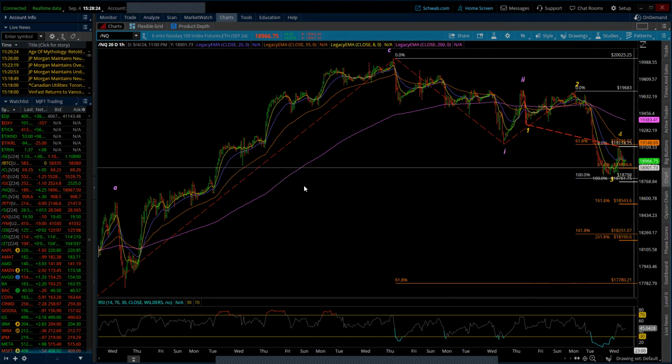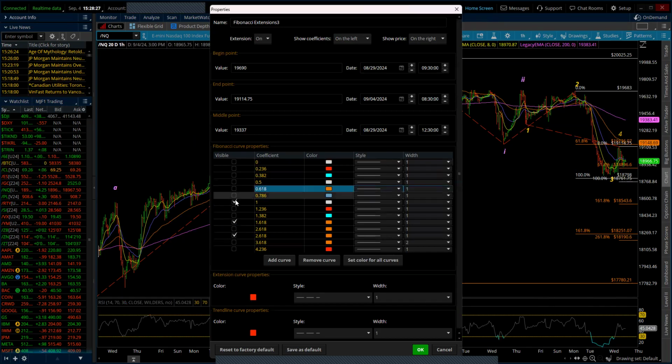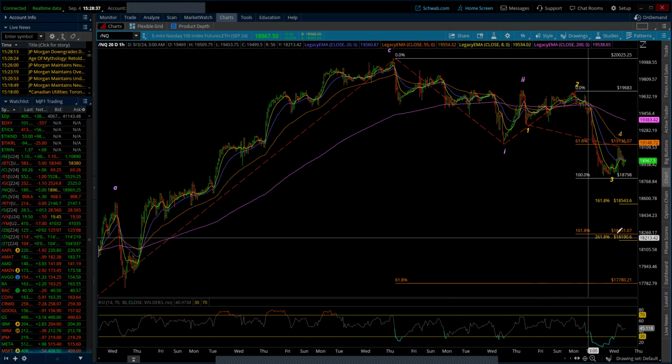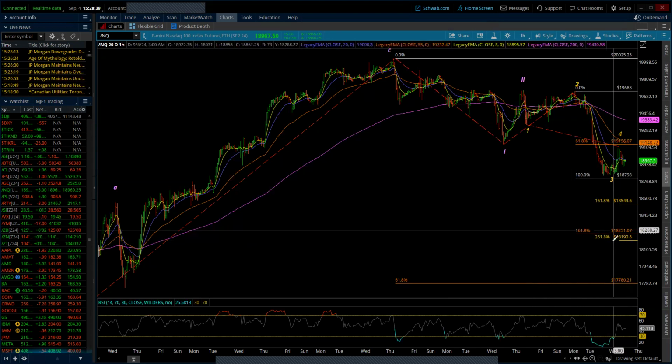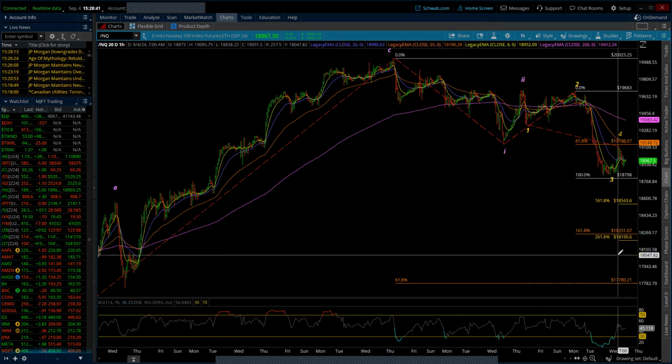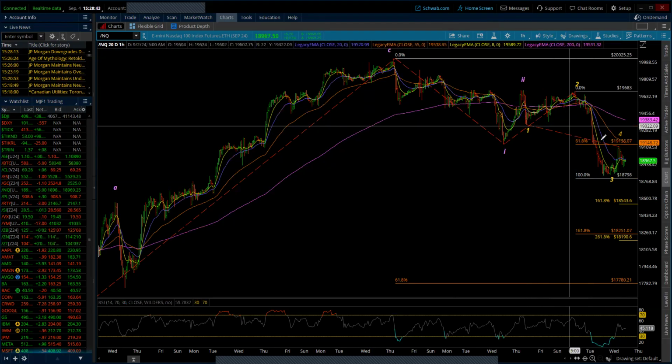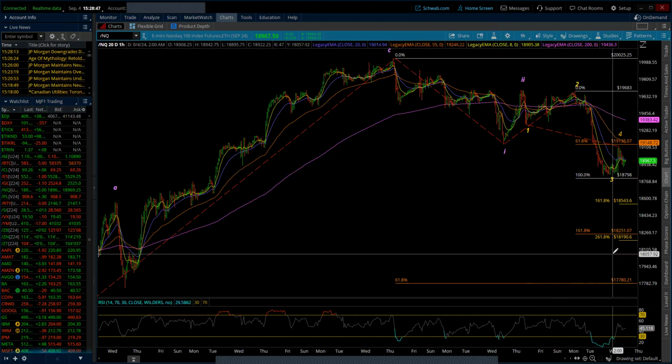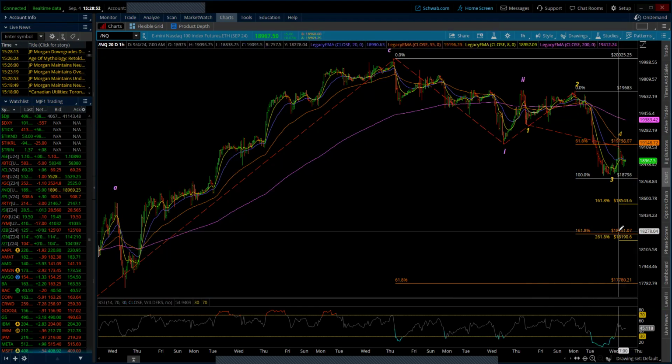I'm going to get rid of the ones that are ineffective right now, and that would be these. And I'm going to put those in gold so that we know that they are referencing this 5th wave. And here they are. So 1.618 and 2.618 all in the hood, right? So we've got this 5th wave and we've got this 3rd wave coming in here. Interesting.